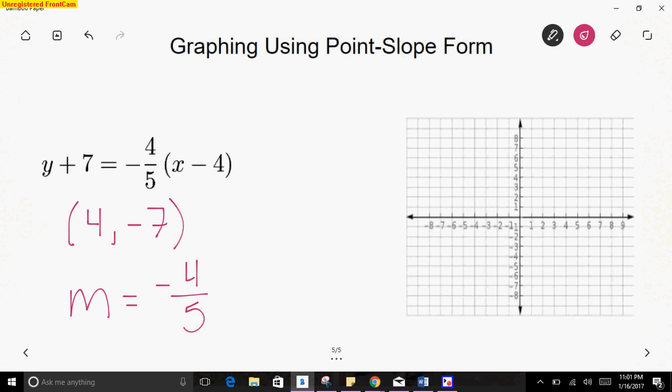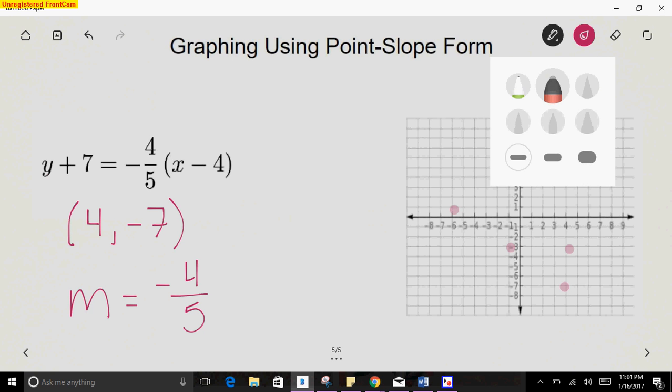So we want to go to +4, -7, and from here, -4/5 means that we're going up 4/5, and one of those times we have to go towards the negative. So I could go up 4, and then towards the negative numbers 5. Up 4 towards the negatives 5.